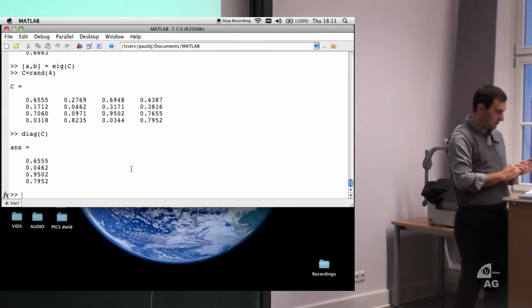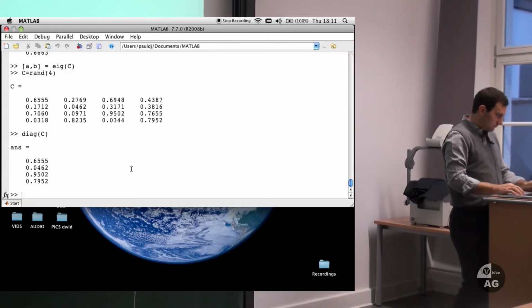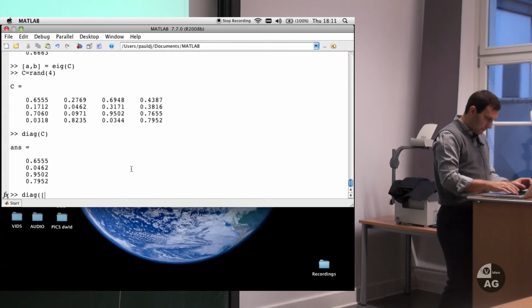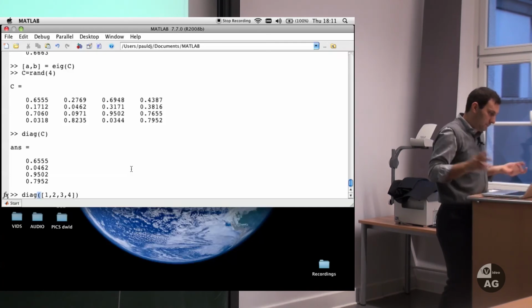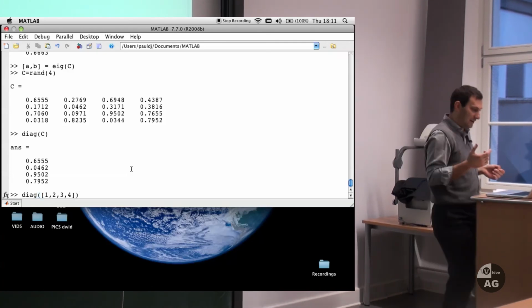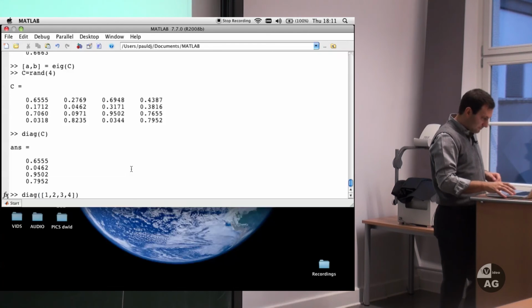Okay, this is intuitive. Why is it a kind of vector? I don't call myself Cleve Moler.